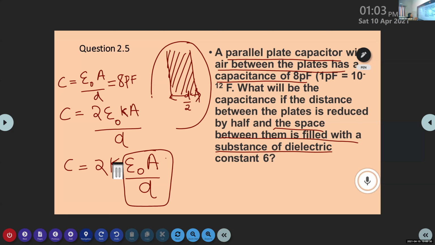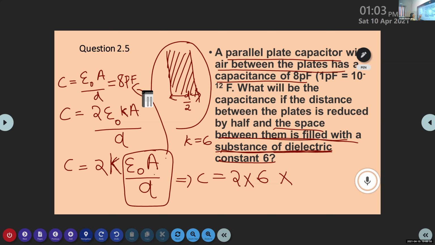So we can directly substitute all these values. C is equal to 2 into K, the dielectric constant. The substance between them has a constant of 6, so K is equal to 6. So 2 into 6 into epsilon 0 A by D, whose value is initially provided as 8 picofarad.